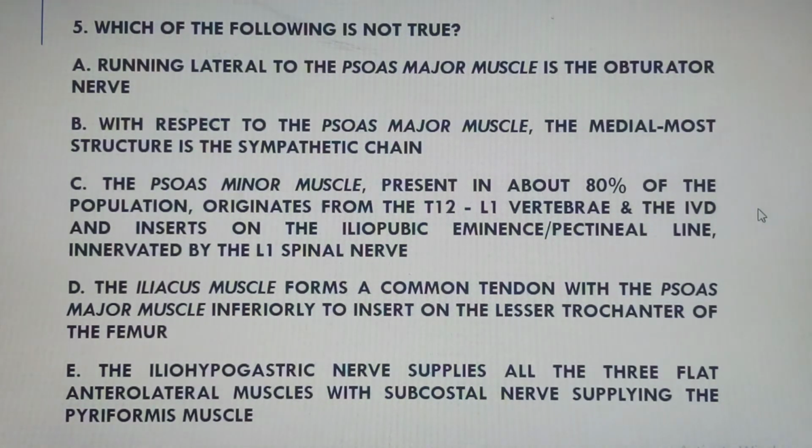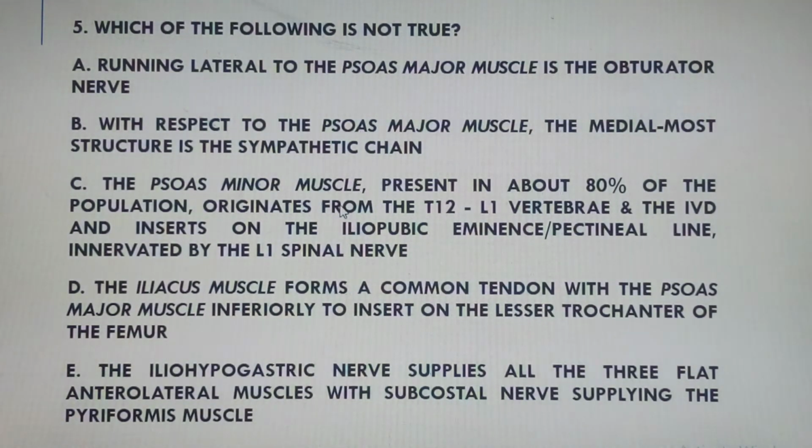Now option C says the psoas minor muscle, present in about 80% of the population, originates from the T12 to L1 vertebrae, as well as the intervertebral disc between them, and inserts on the iliopubic eminence, on the pectineal line. It is innervated by the L1 spinal nerve. That's also a very true statement. The psoas minor muscle will be absent in about 20% of the population. Please get to know that.